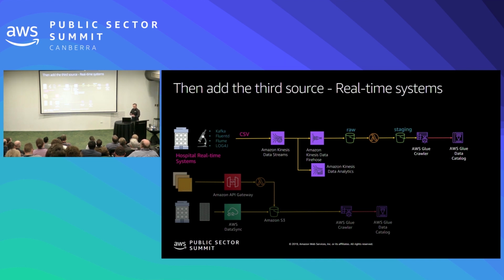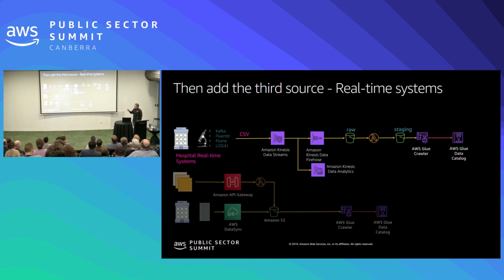Now, Kinesis Data Streams is then going to feed into a Kinesis Data Firehose, which will batch up those tiny transactions into groups, publish them as objects into S3, and then kick off the standard process we've been looking at earlier, where we're dropping that real-time data into a raw bucket. It triggers the process of looking up our data catalog, extracting metadata, and then feeding the data into the staging bucket, and then again running it through the Glue crawler and making it available through the data catalog.